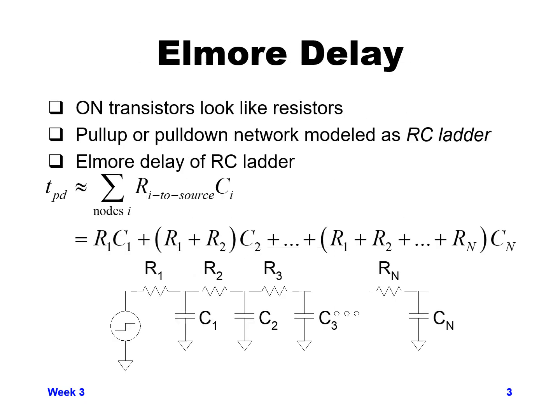From the previous slide, you saw that in the pull-down network, the N devices were in series with each other. The on transistors looked like resistors, but the pull-down network having three NMOS in series can actually be modeled as an RC ladder. So when we replace the transistors with an R and a C, that lower transistor looked like a resistance value down to ground, R1, and then its first capacitance is C1.